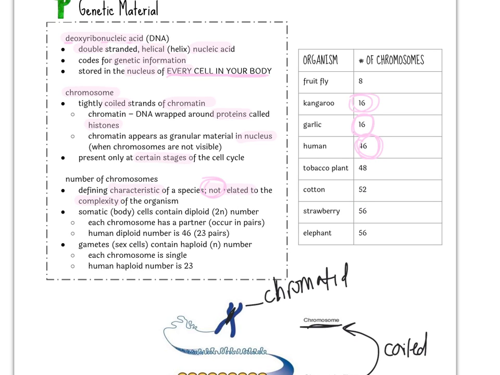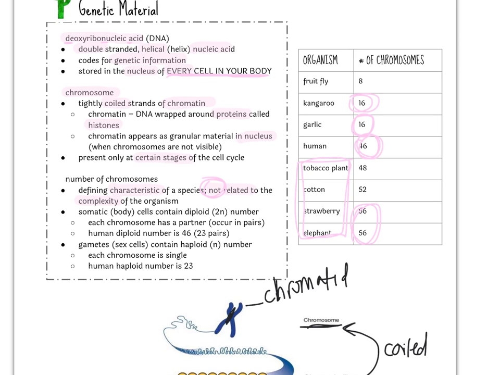And then, quite possibly the most opposite things on this list, a strawberry and an elephant. They both have 56 chromosomes. So all of these things have more chromosomes than humans. Are they all more complex than us?